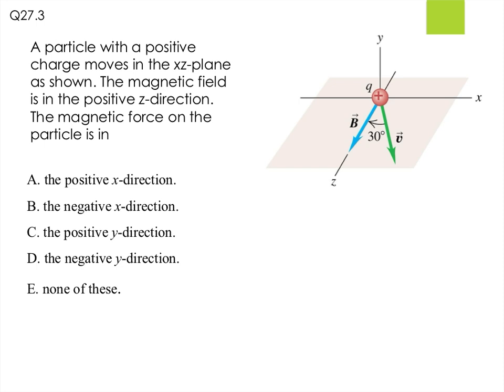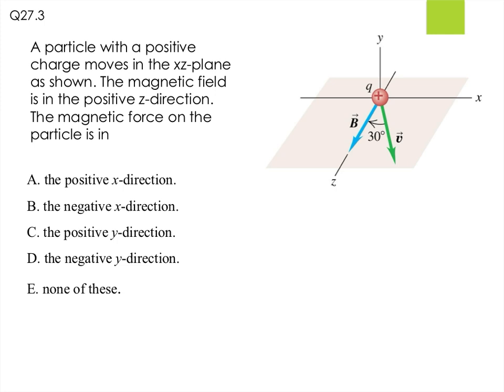In this problem, we're doing a similar exercise in terms of practicing using the right-hand rule. We want to start with our right hand, and both B and V are somewhat coming out of the screen or the board at us. And so we want to imagine holding our hand along the velocity vector, but then I need to curl it towards the magnetic field vector.